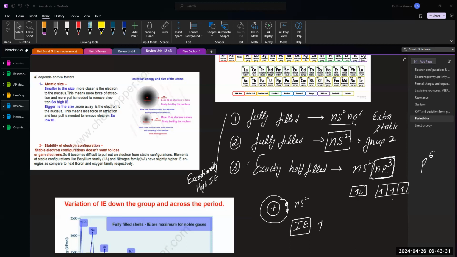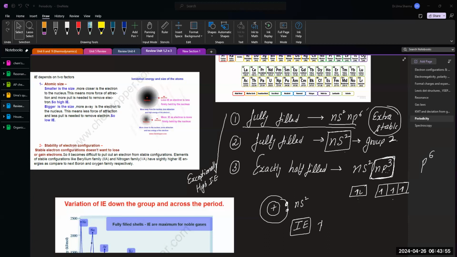Out of these three conditions, which one has the maximum ionization energy? One, two, three. Which one has maximum ionization energy? Highest. One, very good. Can you give me the reason? They are noble gases. Use all these terms.